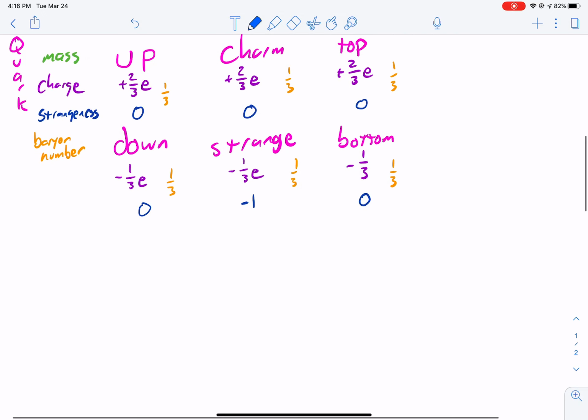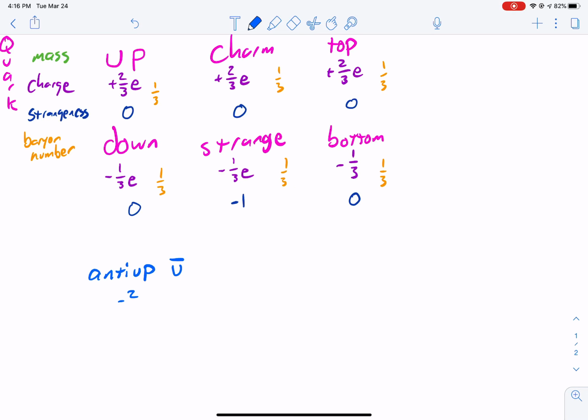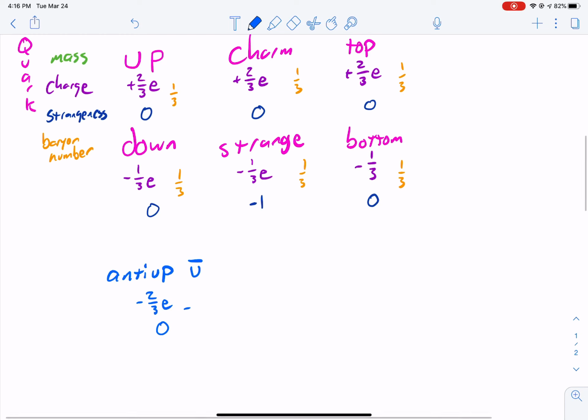So for example, an anti-up, which I would write as a U with a bar on top. The bar on top indicates this is an antiparticle. So an anti-up would have a charge of -2/3 E. It would have a strangeness of 0, and it would have a baryon number of -1/3.